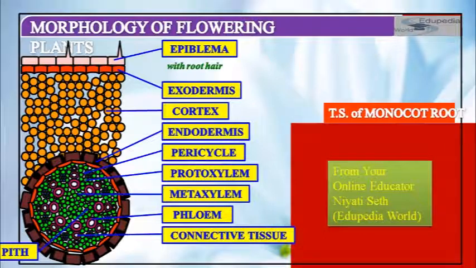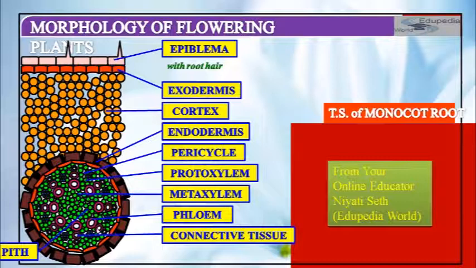So what is pith? Pith is this portion. It is the innermost region of the root representing the central axis. It is composed of a few loosely arranged parenchyma cells. Now comes vascular bundles. They are radial in arrangement because I just taught you that it contains alternate xylem and phloem. So this is xylem, phloem, xylem, phloem, xylem, phloem.